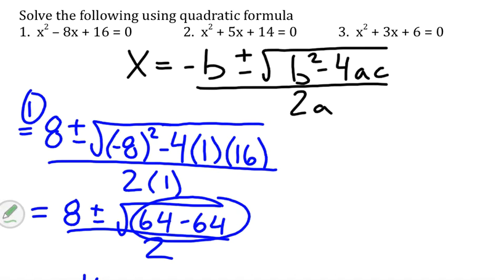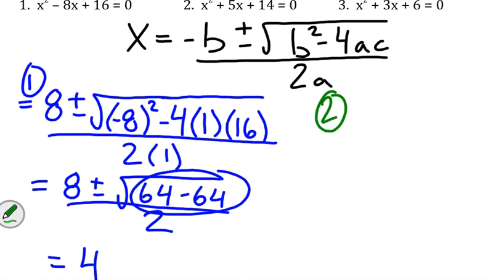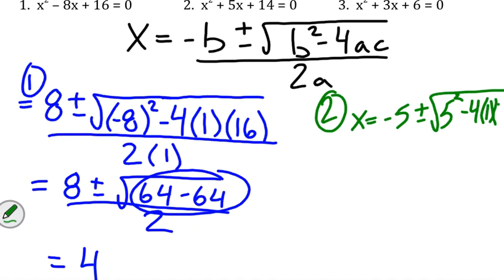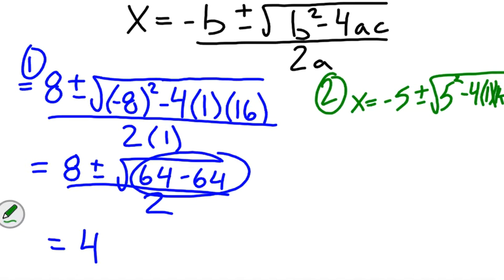Now number 2, over here. Again, we're using the quadratic formula, so we've got x equals negative 5 plus or minus the square root of 5 squared minus 4 times 1 times 14. You're just not going to be able to see the 14, but it's there.